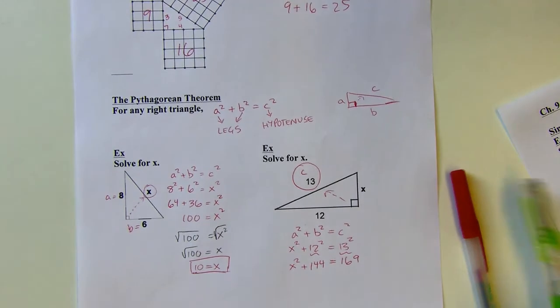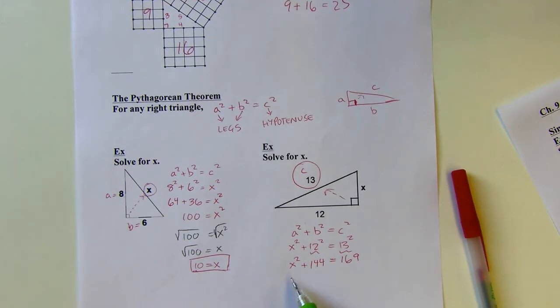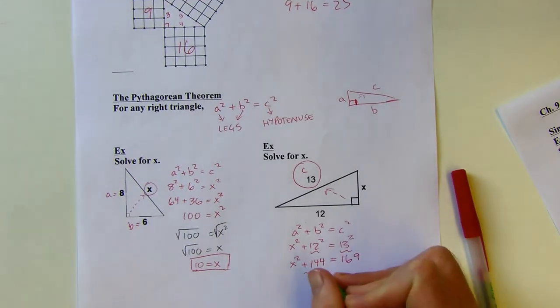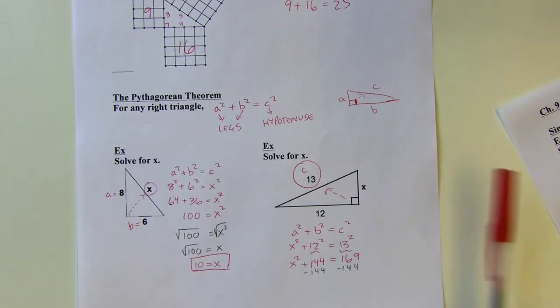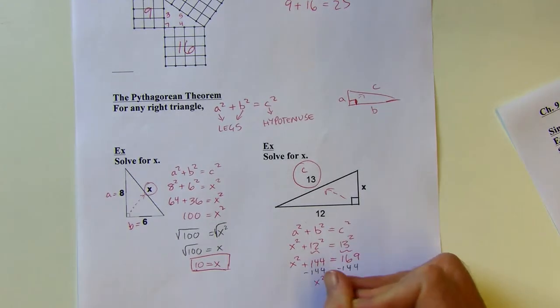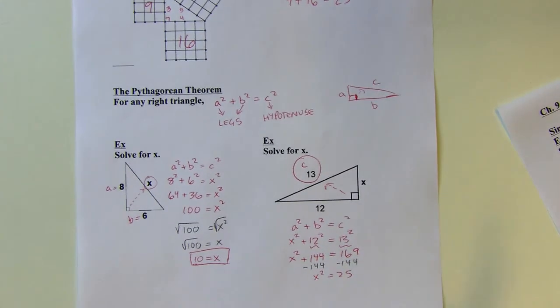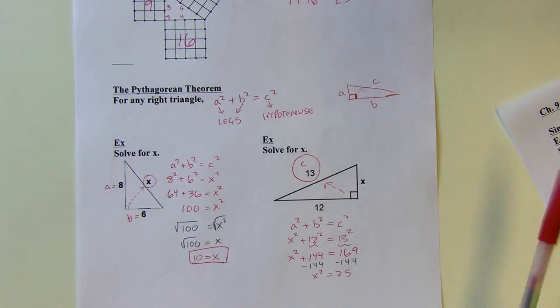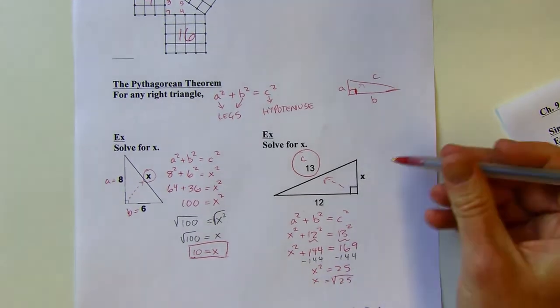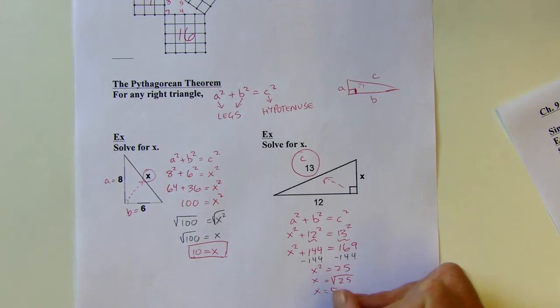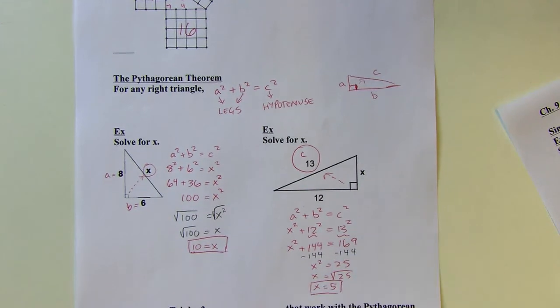Okay, and my strategy is to get the x squared by itself, and once I do that, I'll take the square root of both sides. Hey, this is nice. I got a perfect square there. So x is going to equal the square root of 25, and it's got to be a positive number, so this is going to come out to 5.